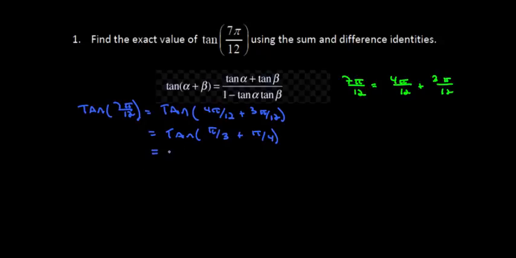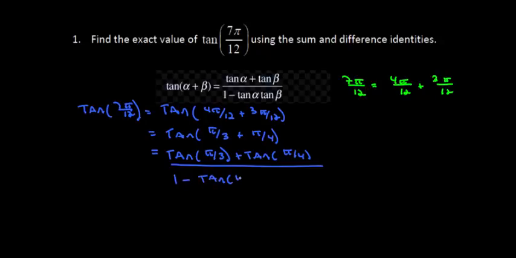So we're going to use the formula right above, which is going to give me the tangent of pi over 3 plus the tangent of pi over 4, divided by 1 minus the tangent of pi over 3 times the tangent of pi over 4.